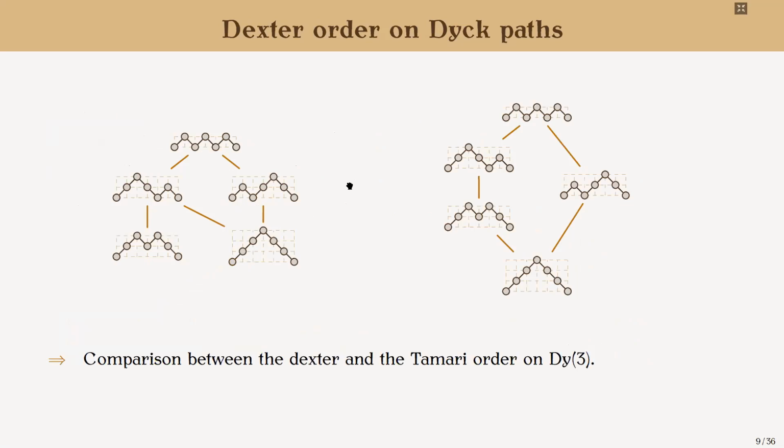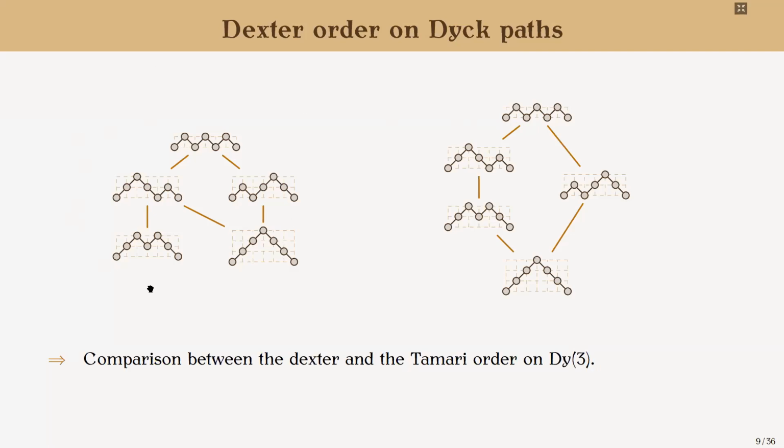So if you want to draw the Hasse diagram for size 3, because we have 3 up steps, so this is dimension 3, order 3, sorry. We obtain this kind of poset. And on the right, I draw the Tamari order to compare the two. The Tamari order on the set of Dyck paths of size 3, too, just to see the difference between the two.